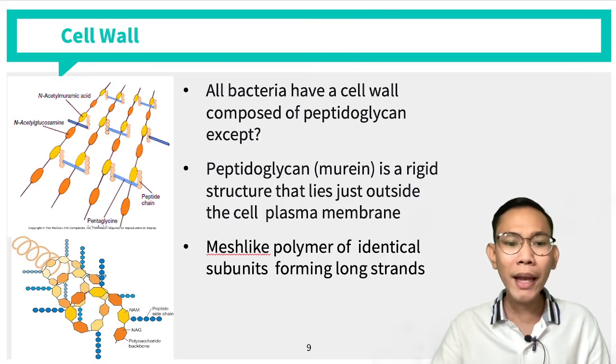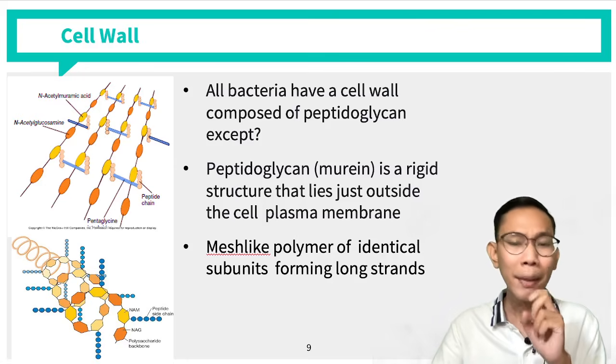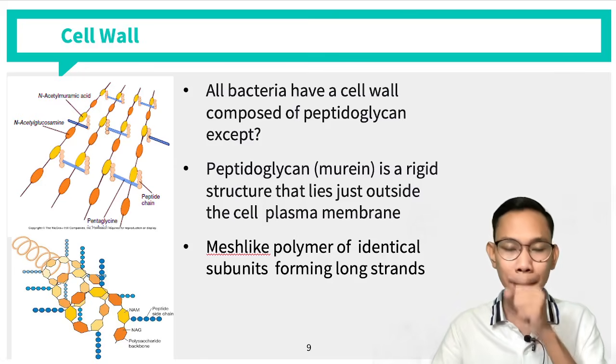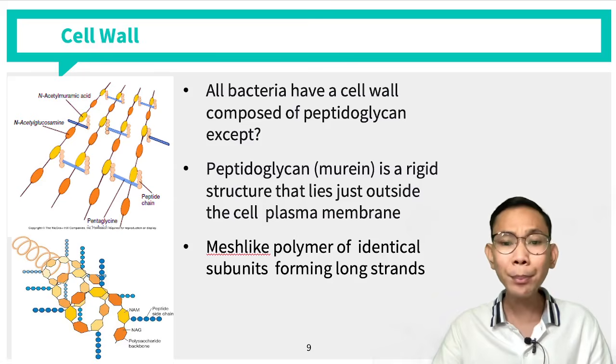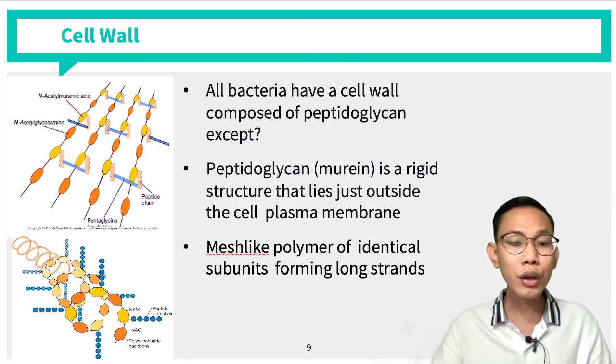So your peptidoglycan, its backbone is actually your glycan, plus your peptide side chain cross-linked by transpeptidases. Let's look at this diagram. Your glycan is composed of two alternating sugars. What are these two sugar units? They are N-acetylglucosamine and N-acetylmuramic acid.